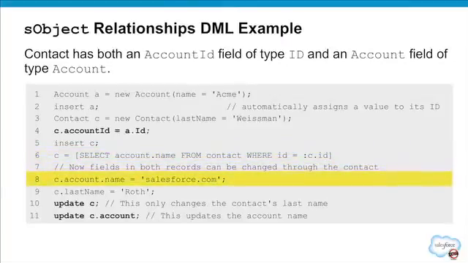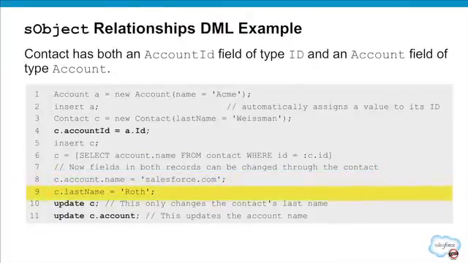In line 8, we are then going to do c.account.name, and we are going to be making a modification to our account record in memory. On line 9, we're going to make a modification to our contact record, specifically the last name.